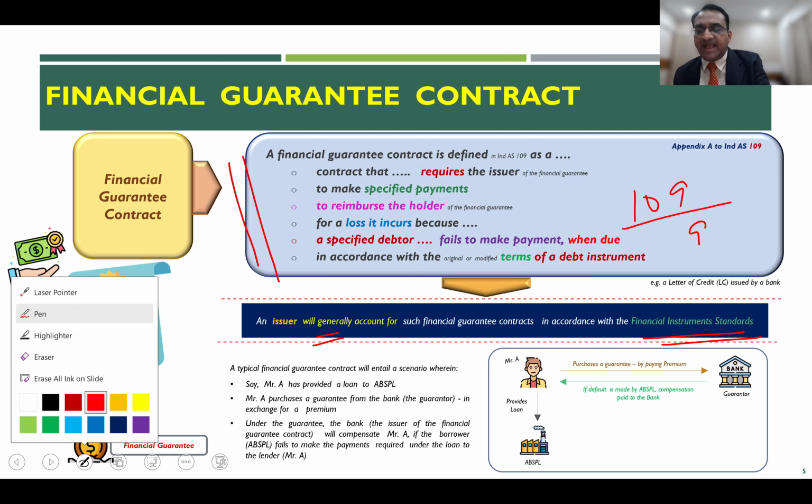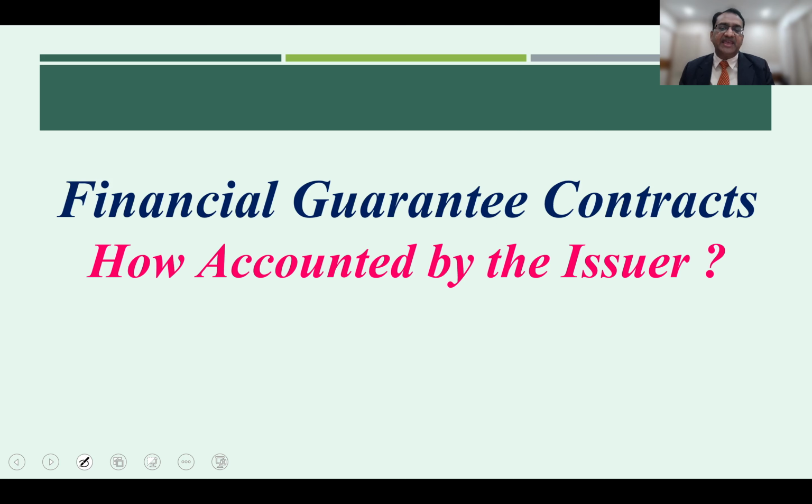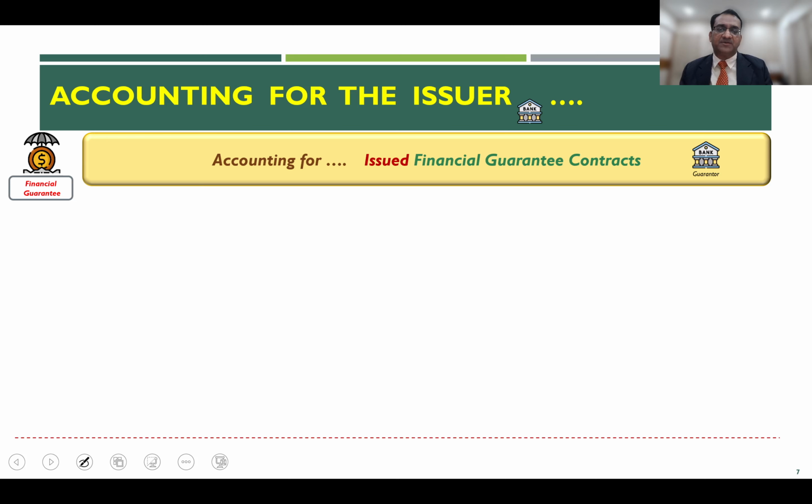So with this background, let's move further and see how these financial guarantee contracts are supposed to be accounted for by the issuer, in our case the bank who has issued the financial guarantee contract in favor of Mr. A. Let's see how it all works. So we are looking at accounting for an issued financial guarantee contract, accounting by this guarantor, the bank in our example.